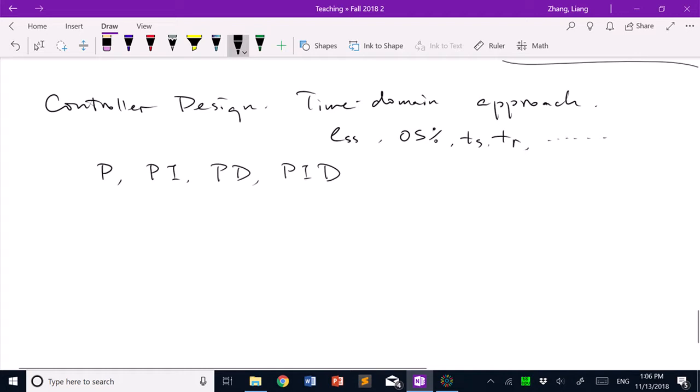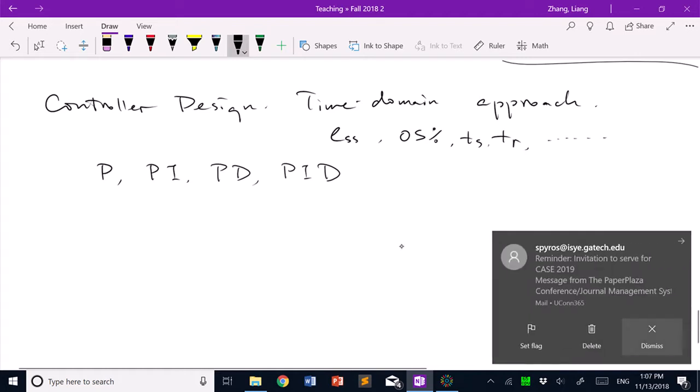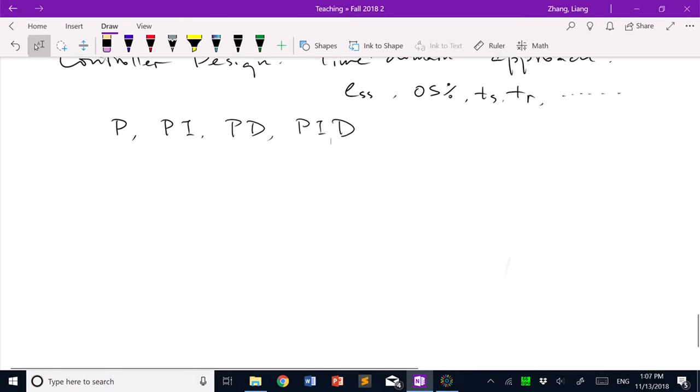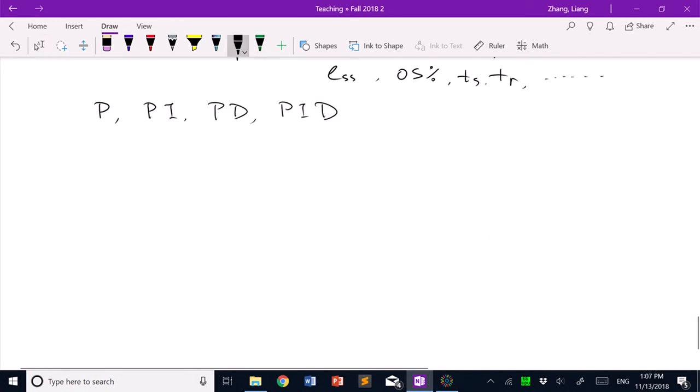As I mentioned, there could be an infinite number of possible ways to construct the transfer function of a controller, but these are the most commonly used ones in practice, and will be the ones that we focus on.